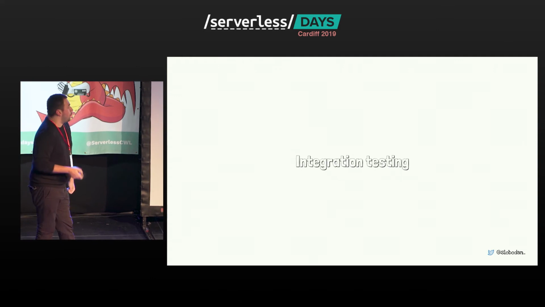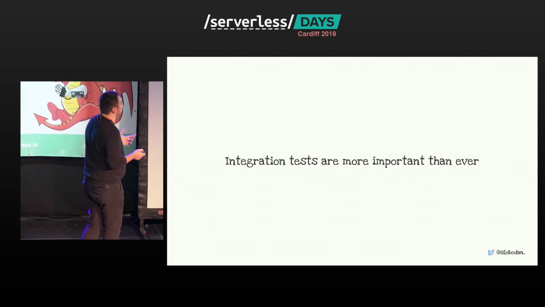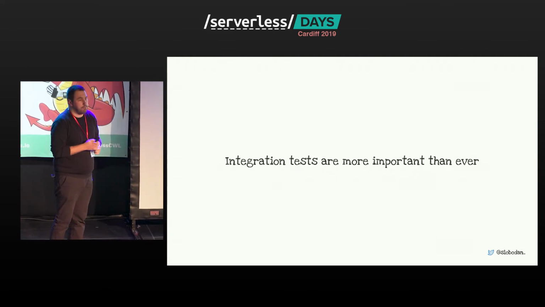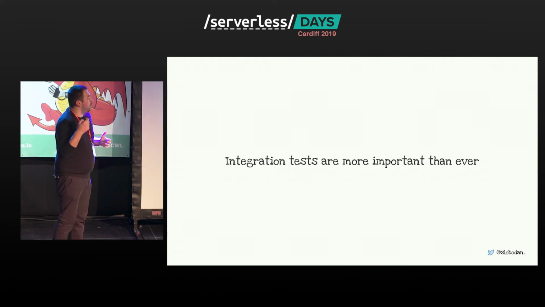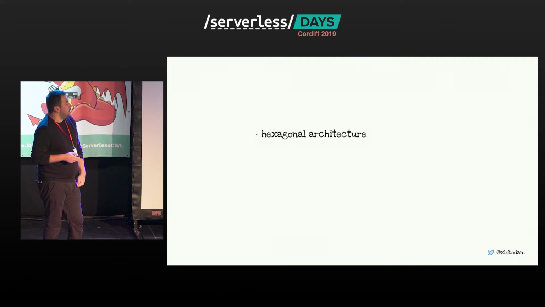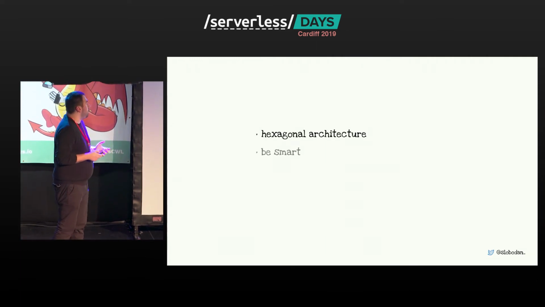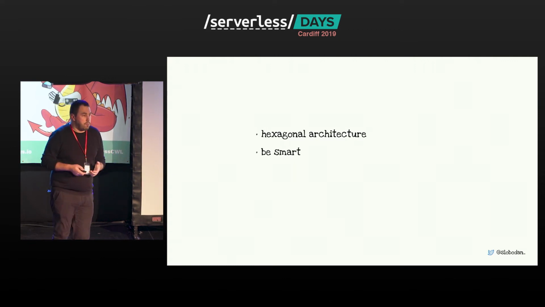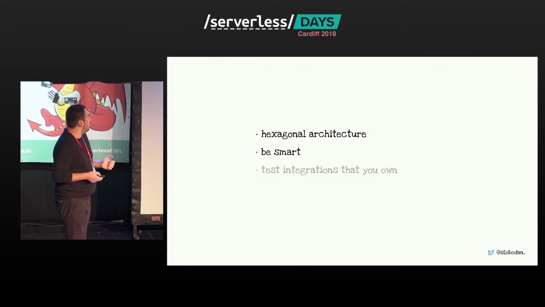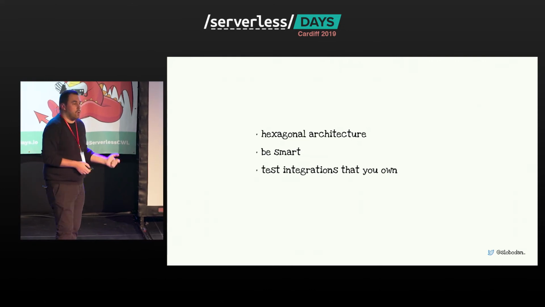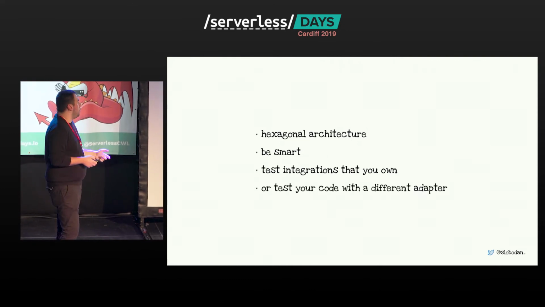But integration tests are more important, and I've said that many times, but I need to continue repeating that because they are really, really important. And you can use hexagonal architecture to help you test those things with integrations. You need, of course, to be smart and be sure that you're testing integrations that you own and that you actually use different adapters for integrations that you don't own.